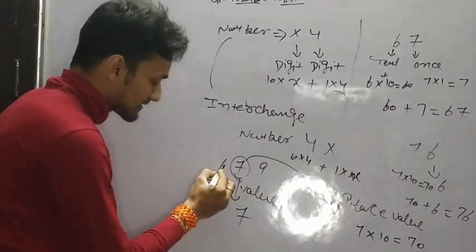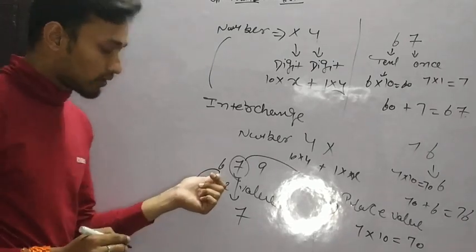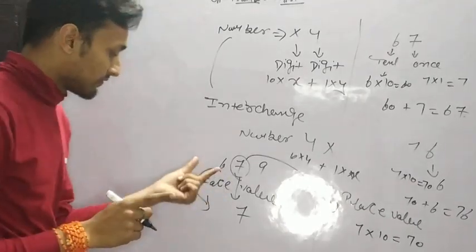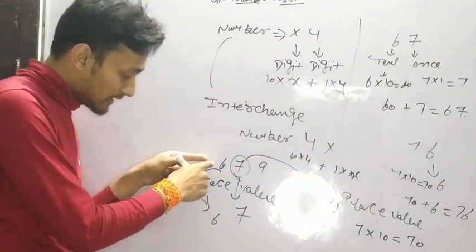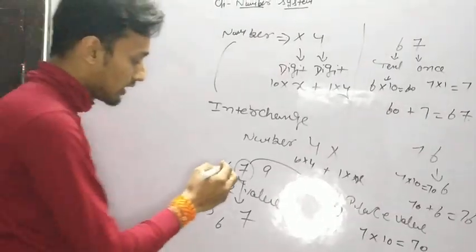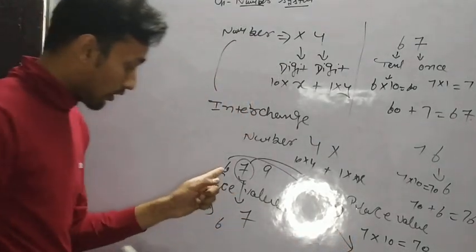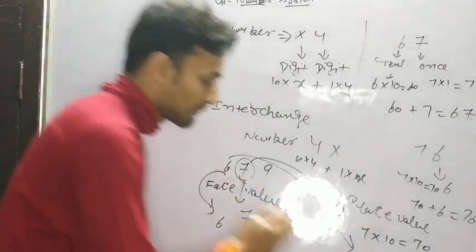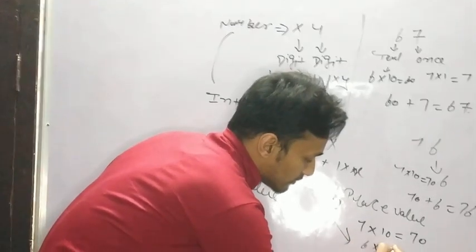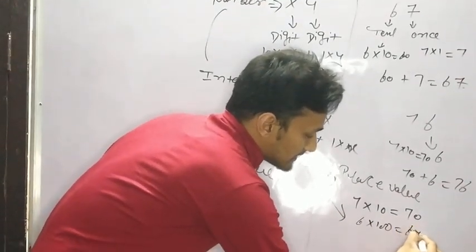Let us take the same example for 6. The face value of 6 will be 6, the same as it is. But when we talk about the place value of 6, now it is on hundreds place: ones, tens, hundreds. So the place value is 6 into 100, that is 600.